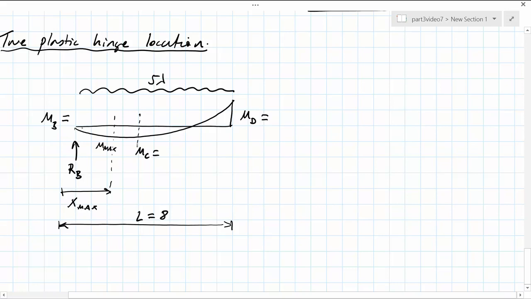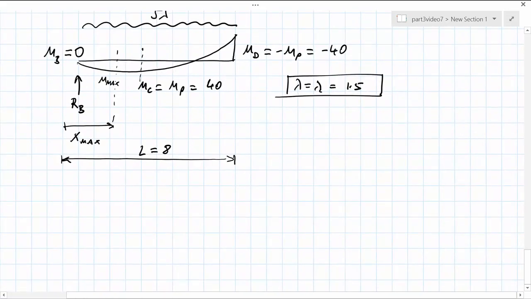MB in this case is set equal to 0 because we have just determined that. MD is equal to minus MP, which is equal to minus 40. MC is equal to MP, which is equal to 40, and lambda equal to lambda c is equal to 1.5.